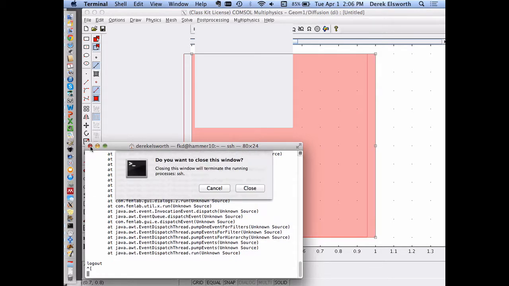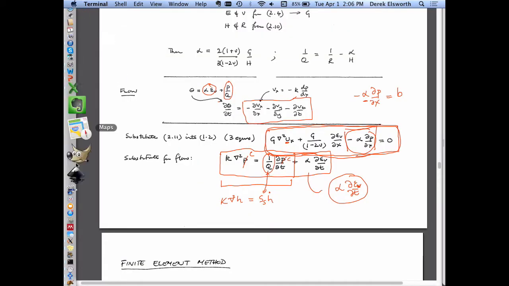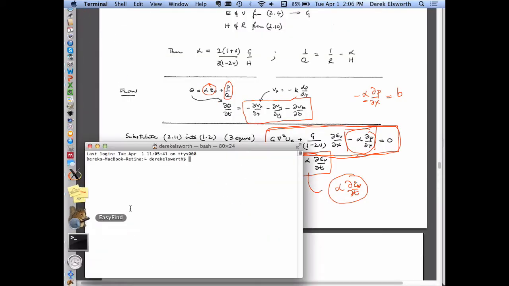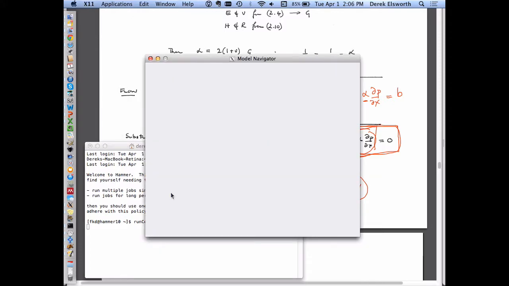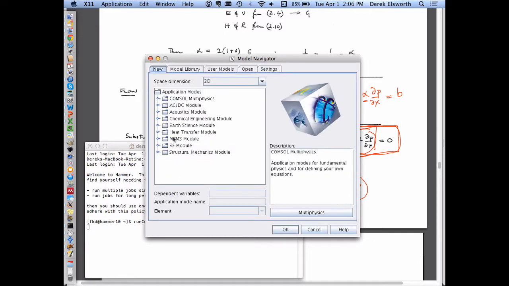If I kill it, don't know actually if that logs me out or not. See if it does any better.